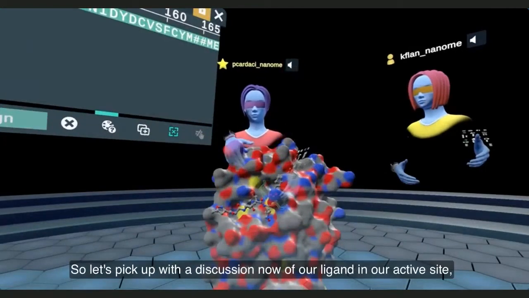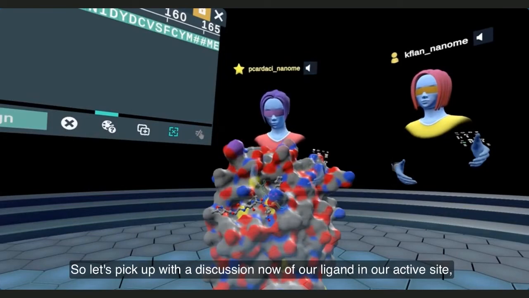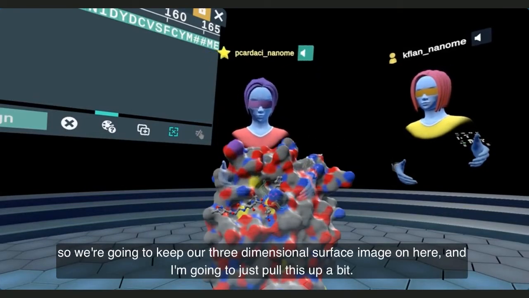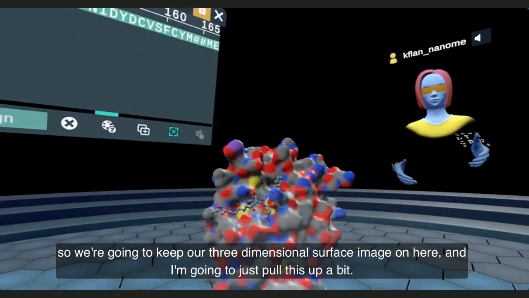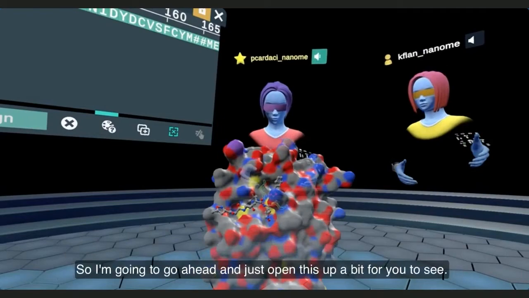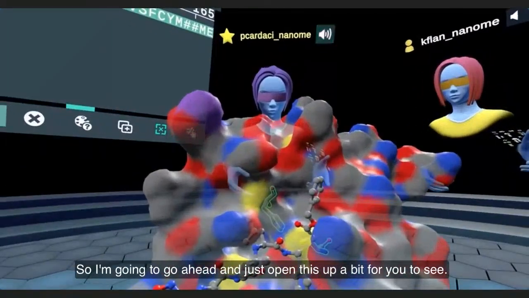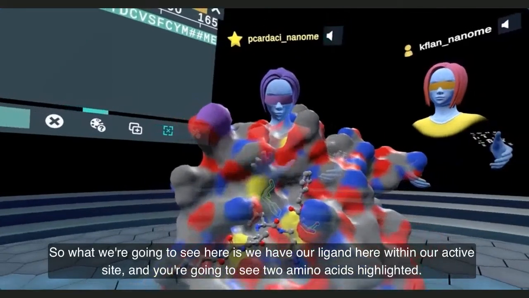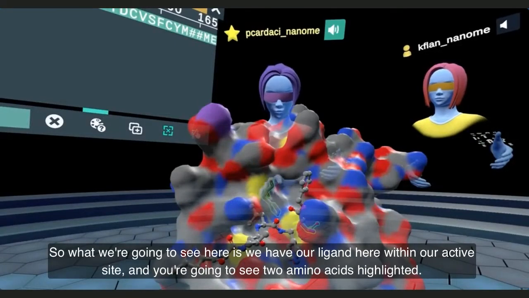So let's pick up with a discussion now of our ligand in our active site. So we're going to keep our three-dimensional surface image on here, and I'm going to just pull this up a bit. I'm going to go ahead and just open this up a bit for you to see. So what we're going to see here is we have our ligand within our active site, and you're going to see two amino acids highlighted.